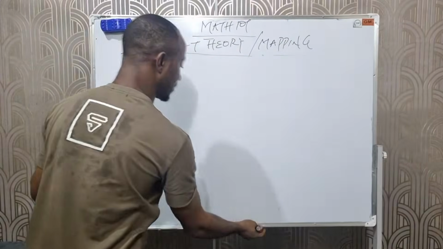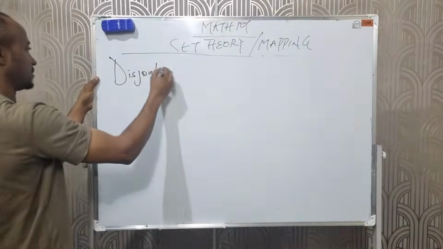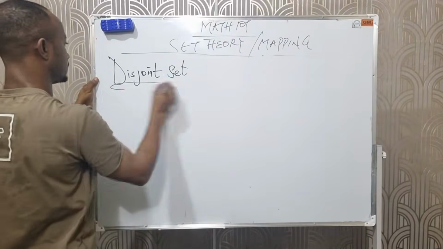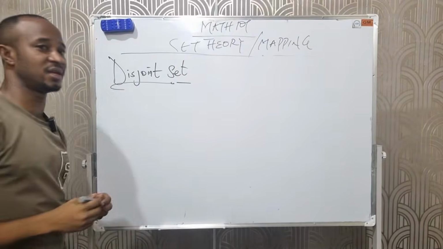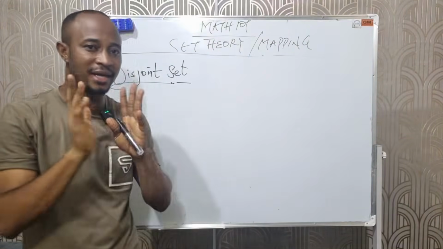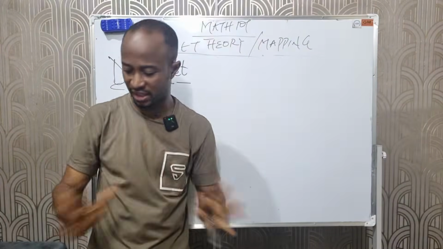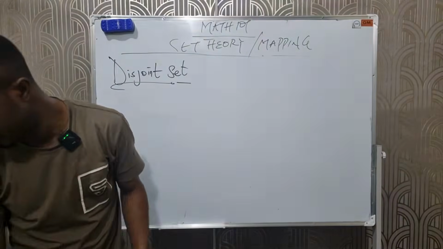The next one I want us to look at is called disjoint sets. When you hear the word disjoint sets, two sets are said to be disjoint if they have no element in common. Meaning if their intersection is equal to the empty set, they are called a disjoint set.